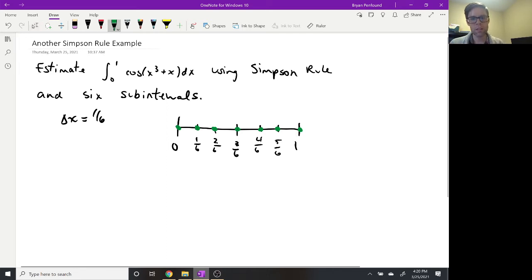Now, when it comes to Simpson's rule, we have, again, a weight of 1 on the endpoints of the outermost points of our interval, 0 and 1, and then we alternate between 4s and 2s.